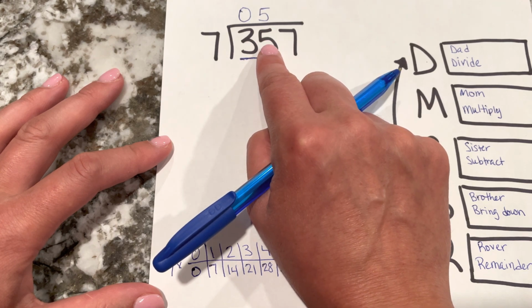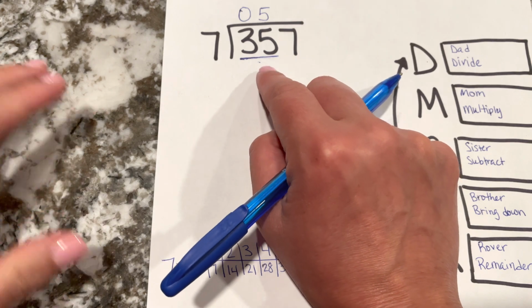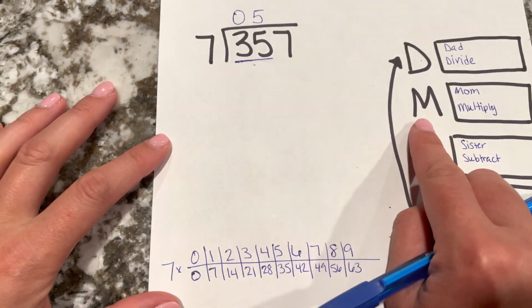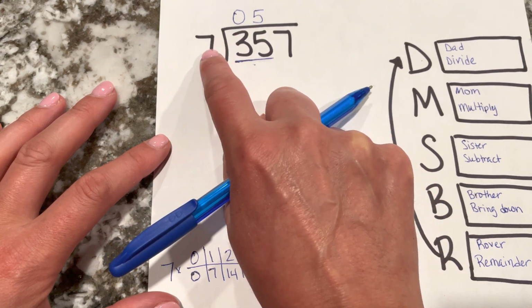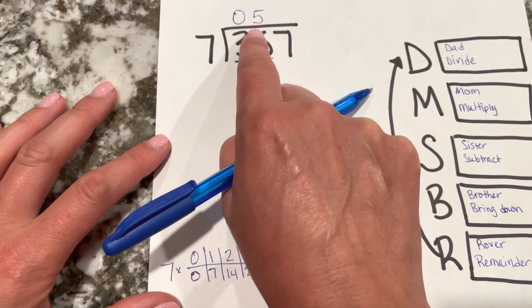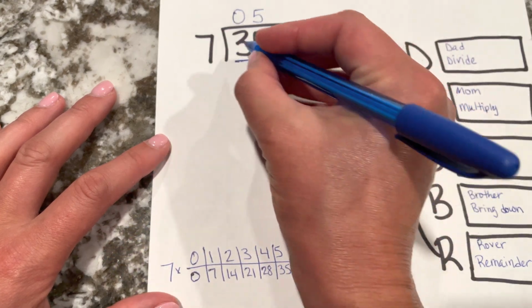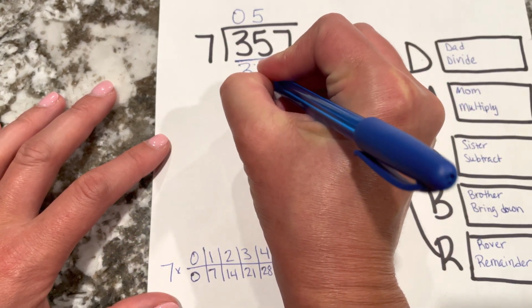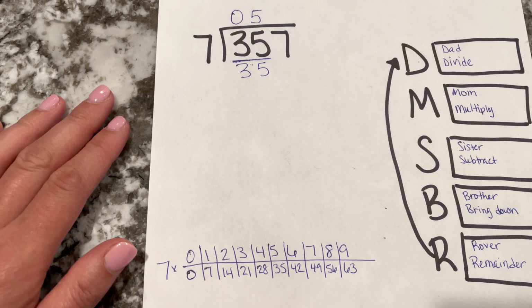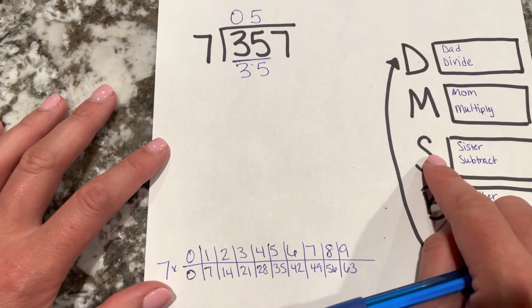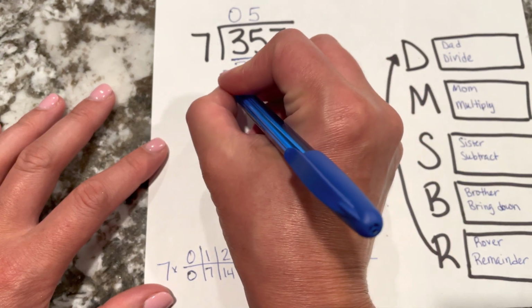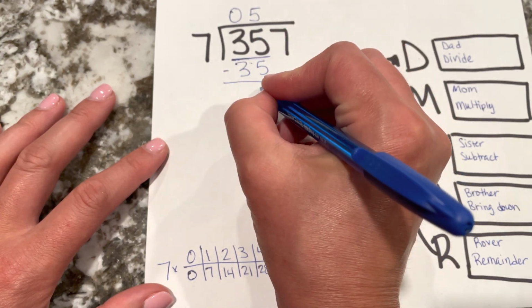It's very important to keep place value here, okay? And then you're going to multiply. So I'm gonna take my divisor times my current quotient, which is 5. So 7 times 5 is 35, and write it right below the number that I divided by. And then we're at Sister for subtract. We're gonna subtract these two numbers. 35 minus 35 is 0.